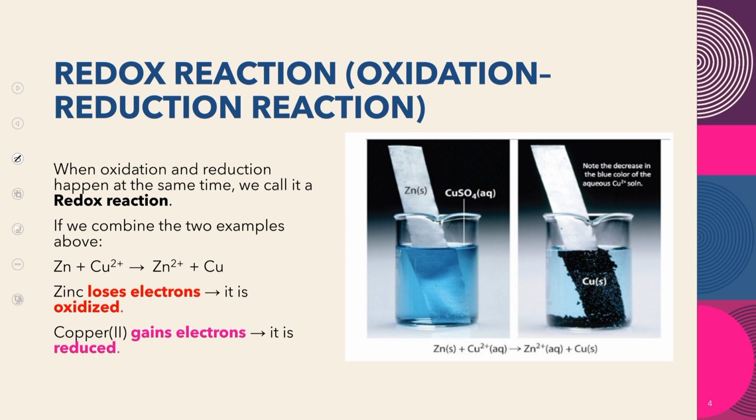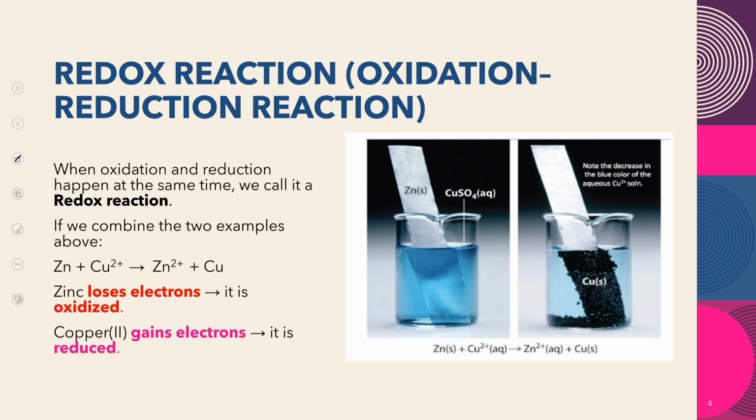So from the equations I've written earlier, where we have zinc and copper 2 ion undergoing oxidation and reduction respectively, we can say that since zinc lost 2 electrons, it has been oxidized, and copper 2 ion gains 2 electrons, so we can say it has been reduced.